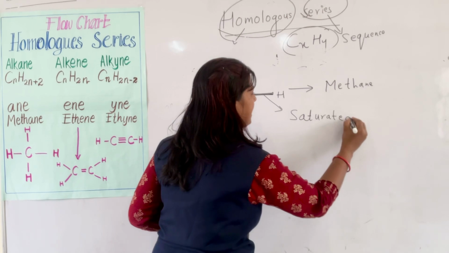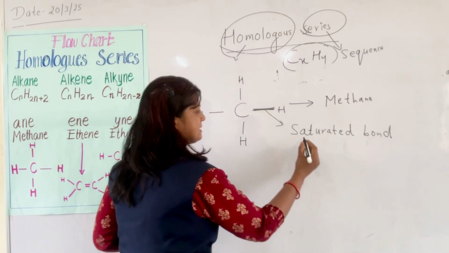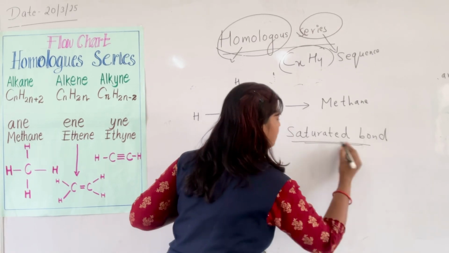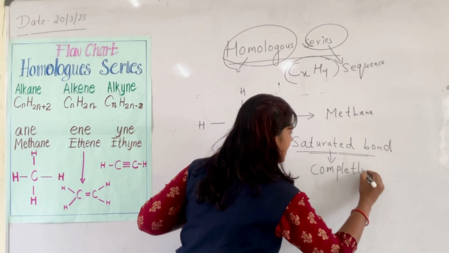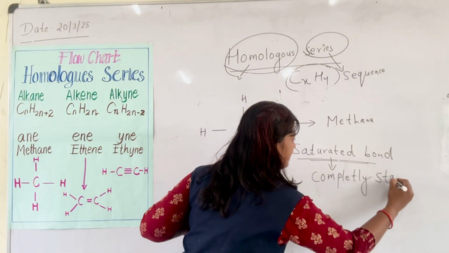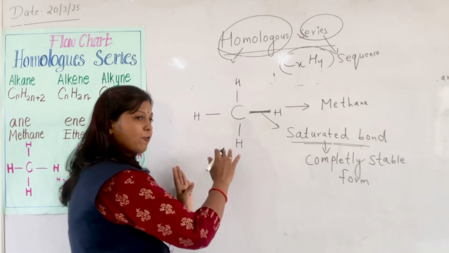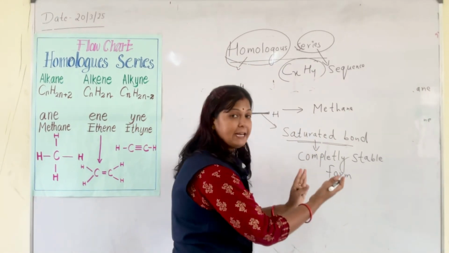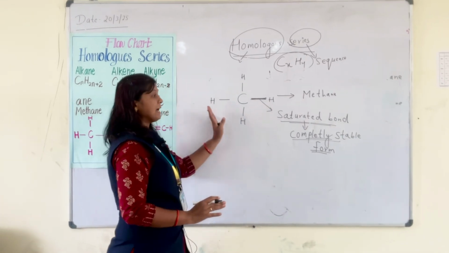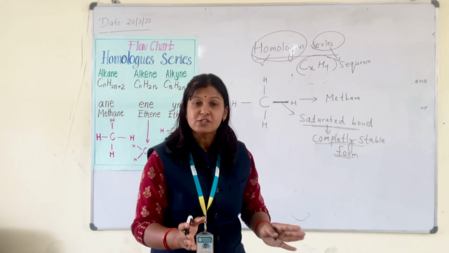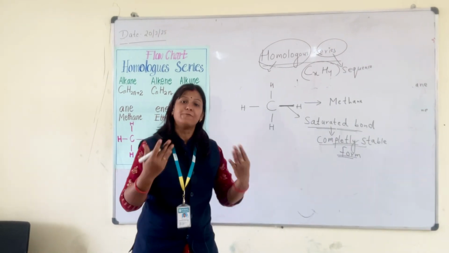You cannot break this bond. A saturated bond means they form a completely stable form. Neither do they lose electrons nor gain electrons. They attain stability. That's why alkanes have very strong bonds and cannot be broken further.